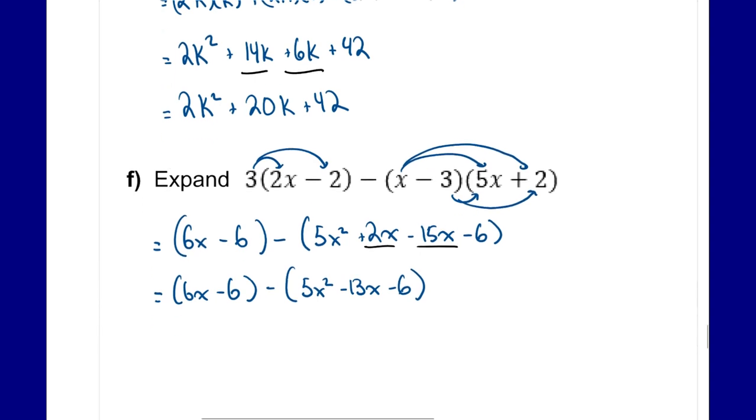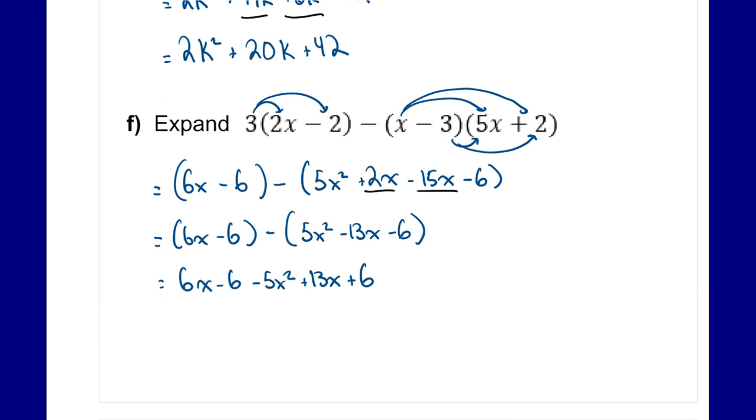Now, we talked about earlier that when we're subtracting polynomials, we have to change the signs in the second bracket and then we can drop them. So 6x minus 6, instead of a positive 5x squared, we have a minus 5x squared. Instead of a negative 13x, we have a positive 13x. And instead of a negative 6, we have a positive 6.